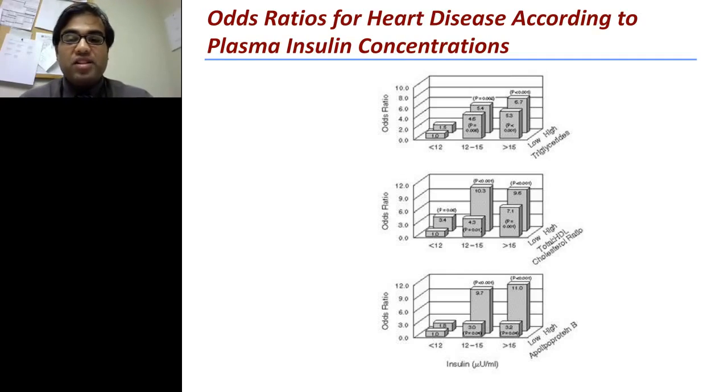And as you can see here in the tertiles of insulin levels, the higher tertile clearly had the higher odds ratio for cardiovascular disease, really irrespective of where they stood when it came to known cardiovascular risk factors. So you would assume that this might be something very important to the clinician to assess.